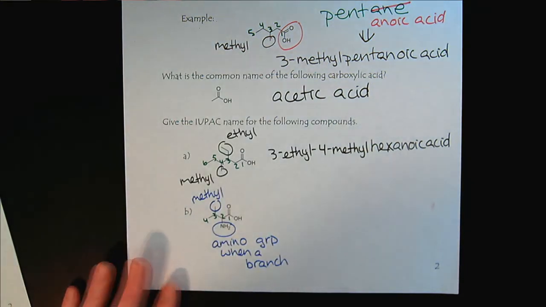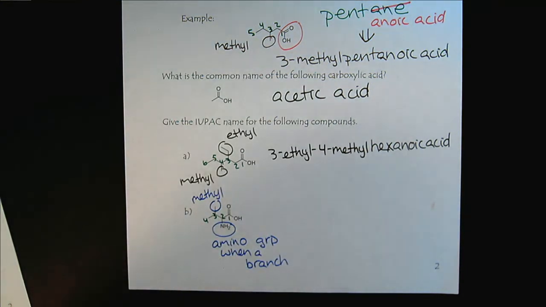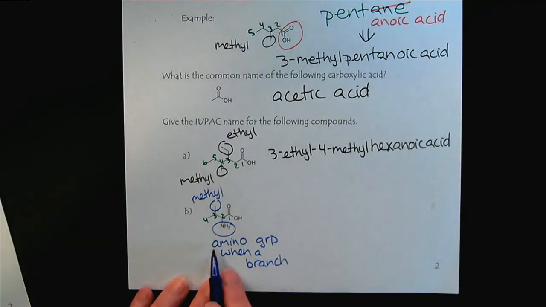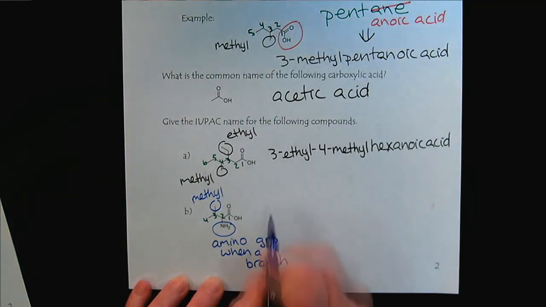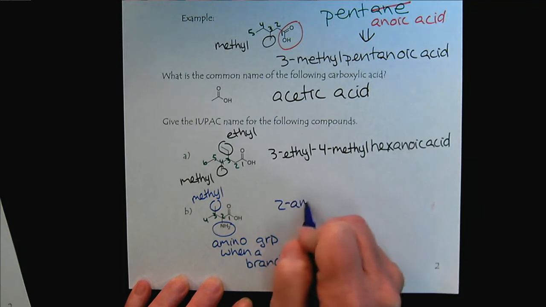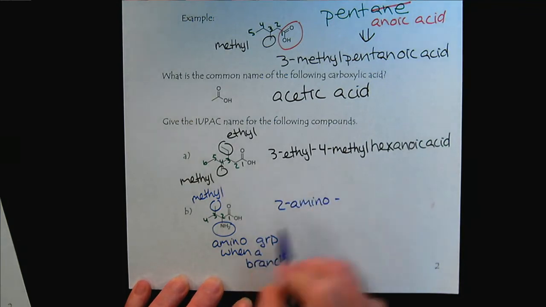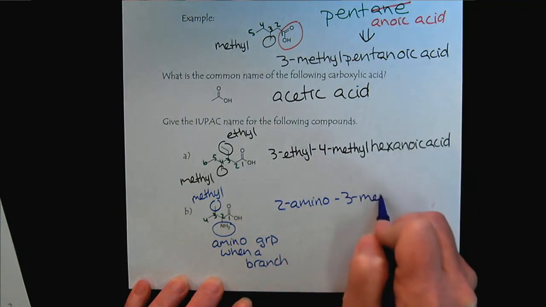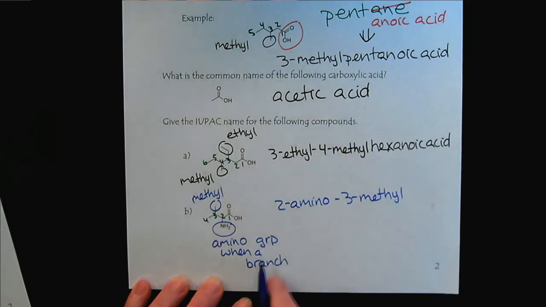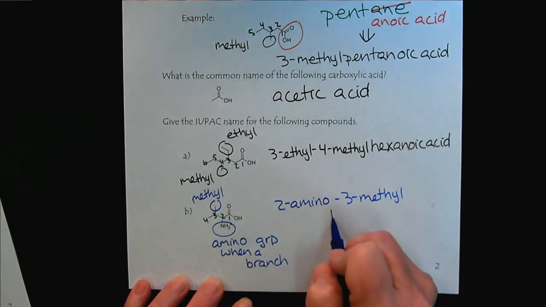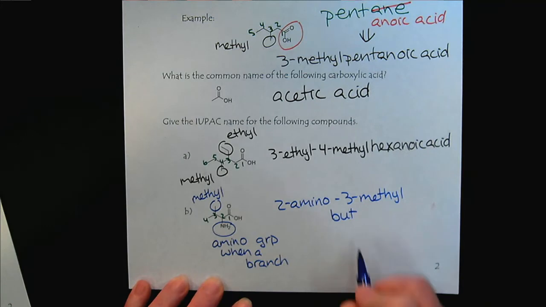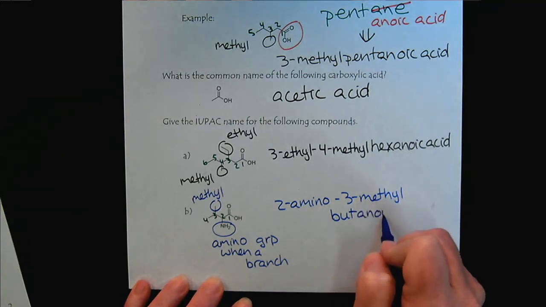Okay, so if we wanted to give the IUPAC name, right, we cite the substituents alphabetically. So this would be 2-amino, 3-methyl, and then, right, 4-carbon chain, butanoic acid.